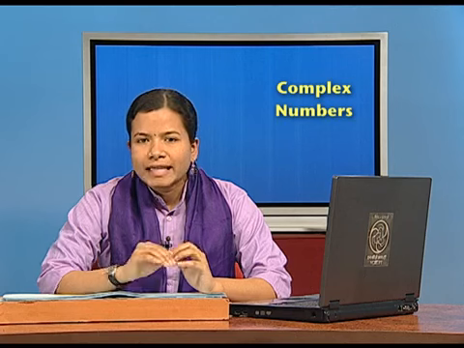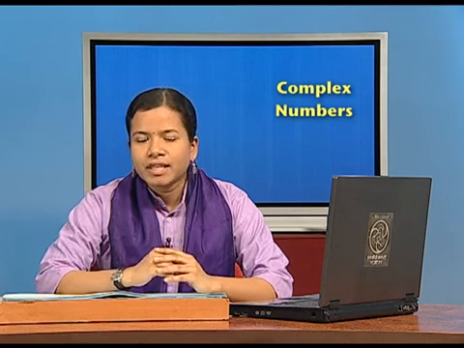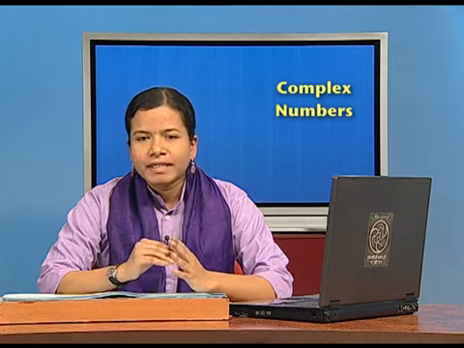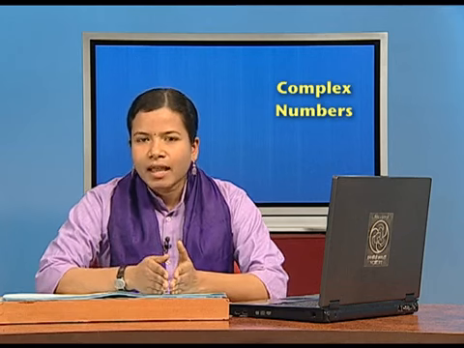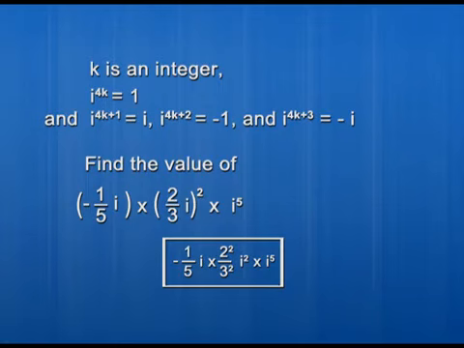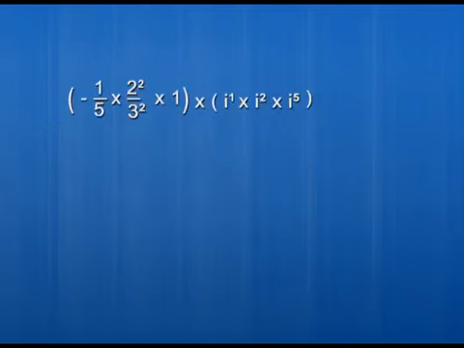Now, for solving this kind of product, what do we do? We take all the numbers before i together and multiply them, and we take all the powers of i together and multiply them. You can see that minus 1 by 5 was the number with i, so I took minus 1 by 5. 2 square upon 3 square was the number with i square, so I took 2 square upon 3 square, and for i^5, only i^5 was given in the question, so I assume that its number is 1.